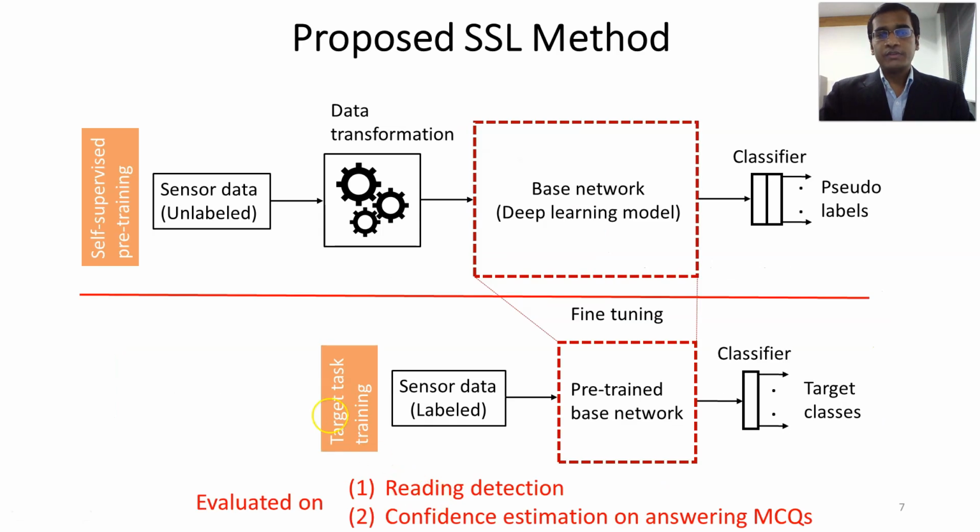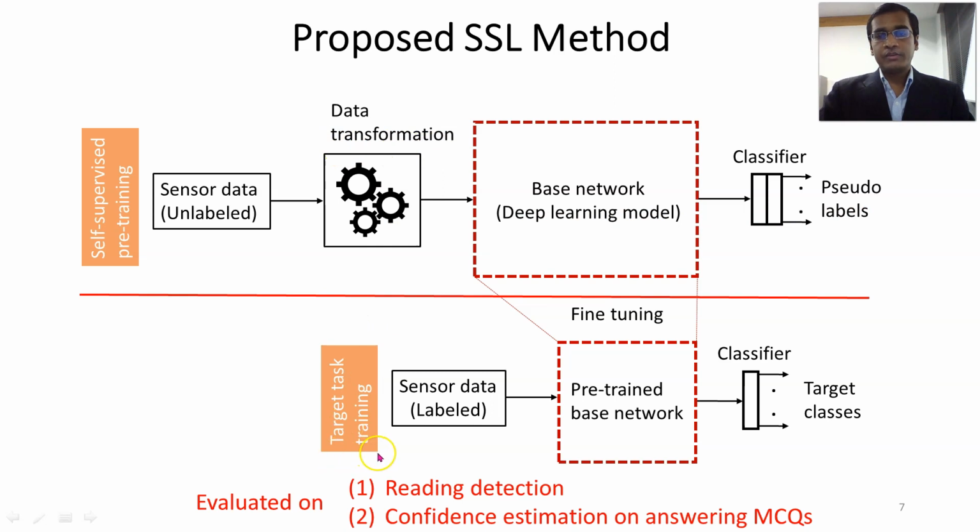The proposed SSL method consists of self-supervised pre-training and target task training. In self-supervised pre-training, at first we apply data transformation to a large-sized unlabeled sensor data and pre-train the base network by identifying pseudo-labels applied during data transformation.